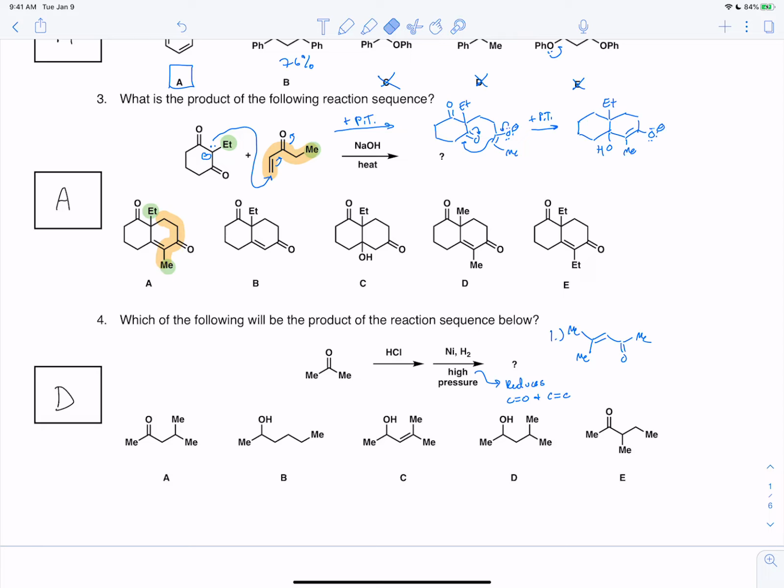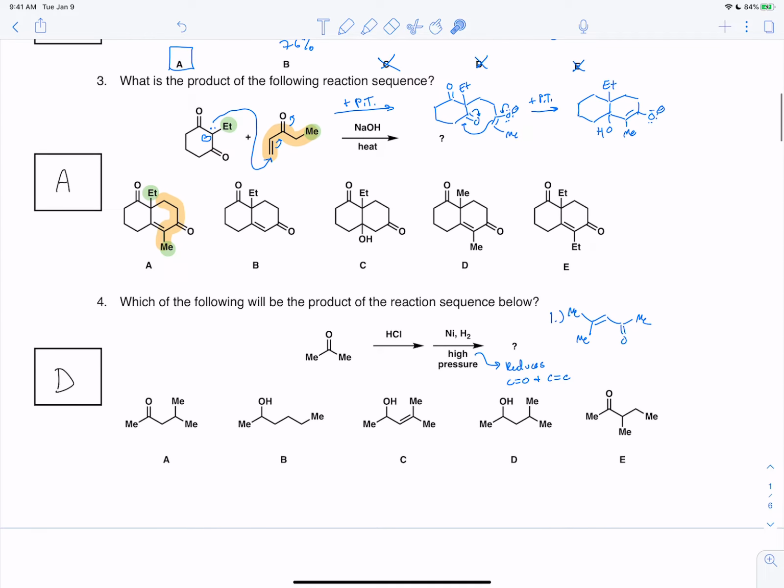Proton transfers will give you a new enolate that then can do an intramolecular cyclization onto one of the 2 carbonyls. And then finally, E1CB elimination, where these arrows will come down and kick out hydroxide, will give you choice A.